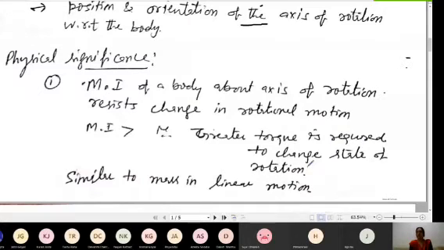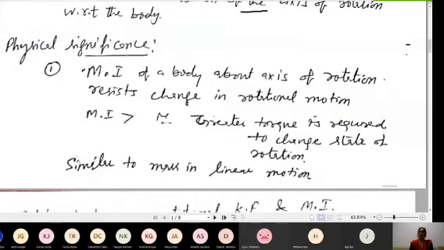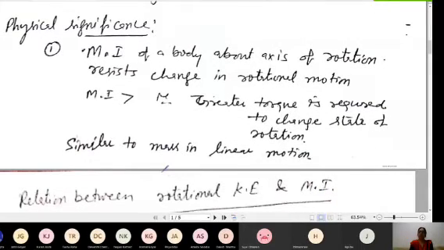It is similar to mass in linear motion. If the moment of inertia is less, you need less torque, because in place of force we use torque in rotational motion, and in place of mass we use the moment of inertia. So the difference between linear motion and rotational motion should be clear with you.